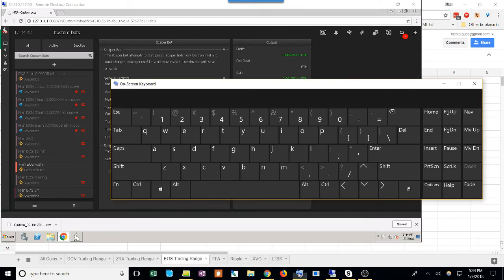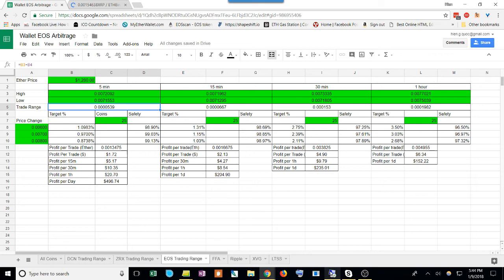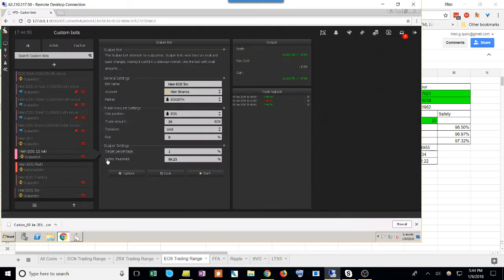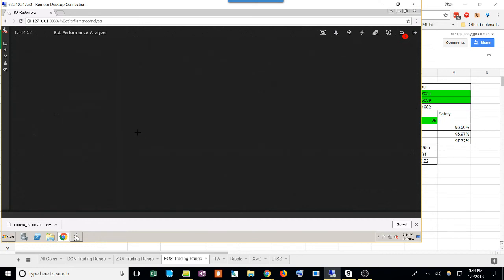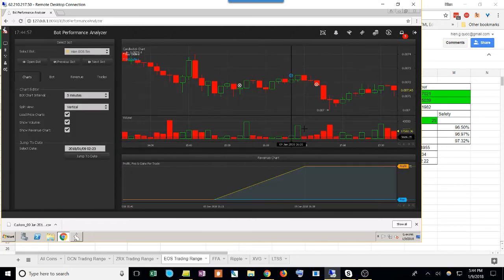Alright, so here's a. What are we doing here? Oh, it's right here. Okay. Let's try a smaller one. 0.0071411.